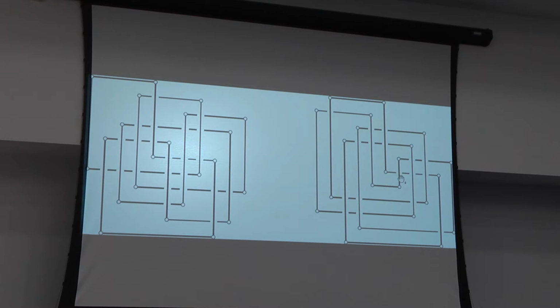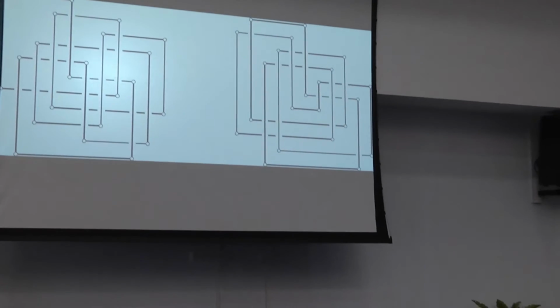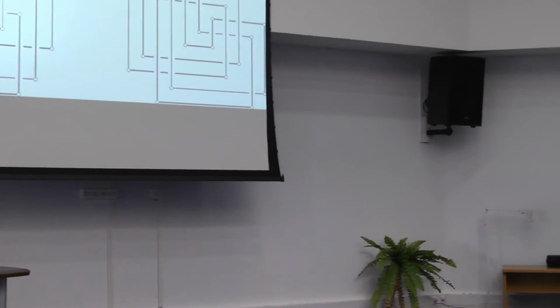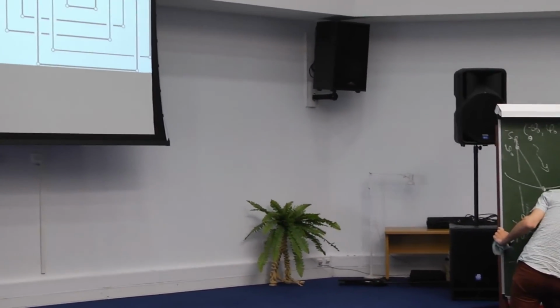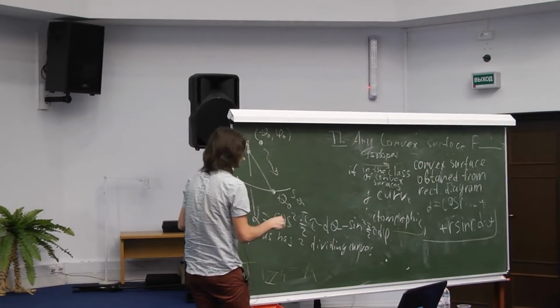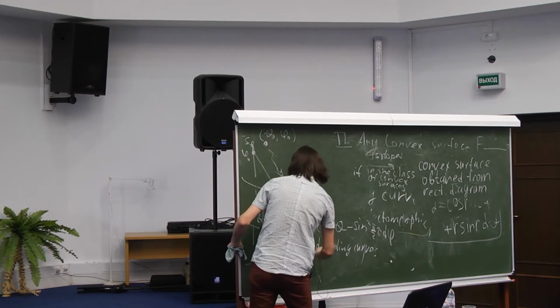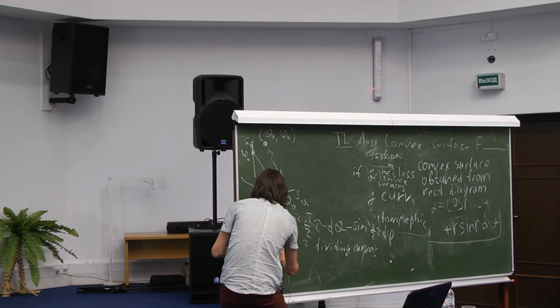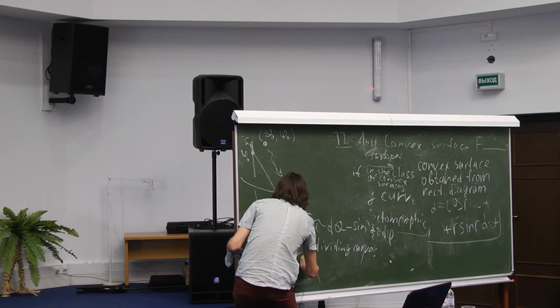This is some tiny torus in the sphere. And this torus has two dividing curves, which are trefoils.